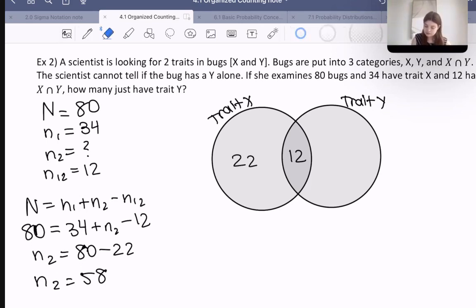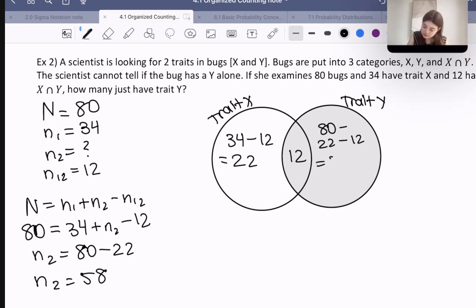Because this is going to be 34, which is our total number. So 34 minus the 12 we already accounted for will give us this 22. We also know that for here, we have 80 total for all the bugs, minus the ones that just have trait X, minus the ones that have both, is going to give us 58.